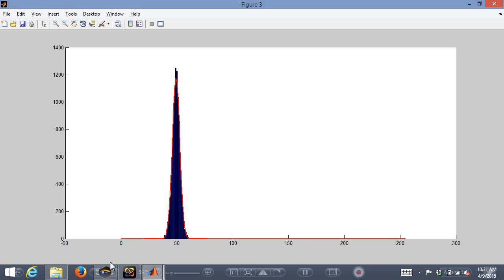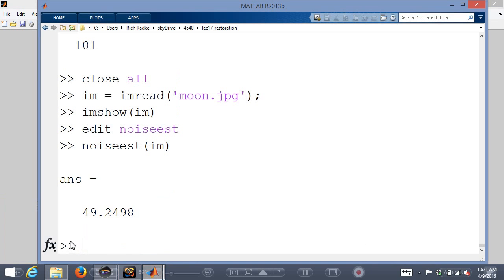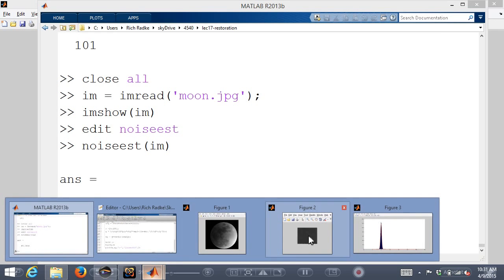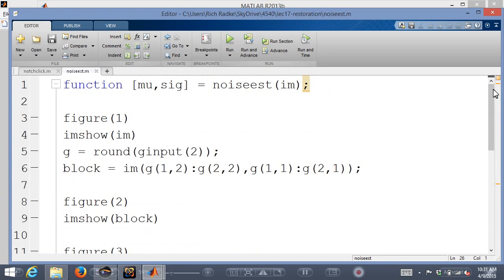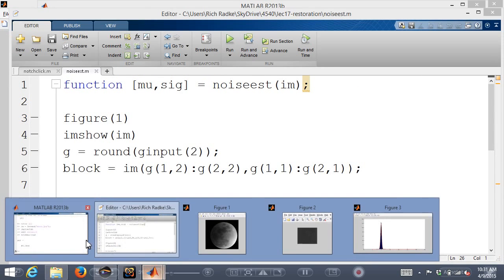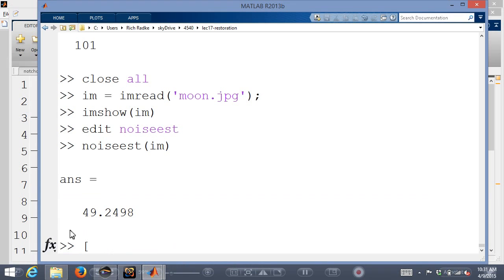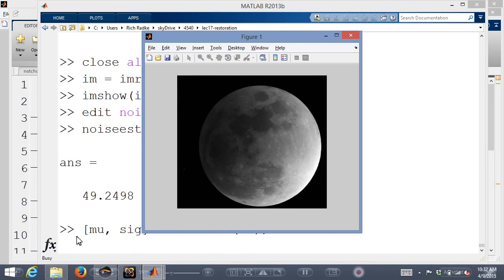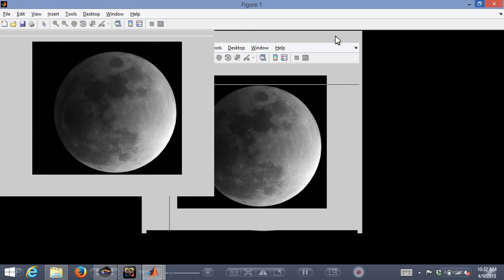If I look at my MATLAB output, which I neglected to store, I guess I can do this one more time. What I want to get out is the mean and the variance of the noise. I guess the mean is about 50, but I didn't get the variance out.